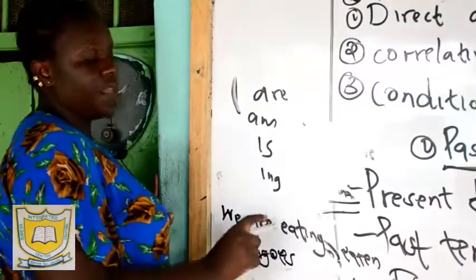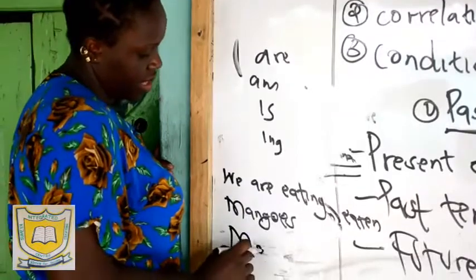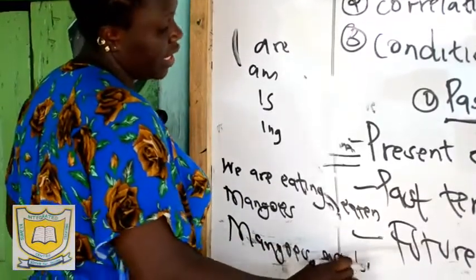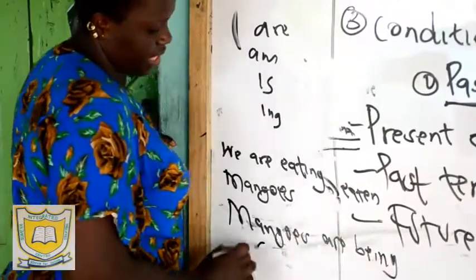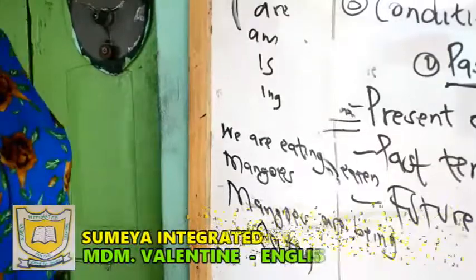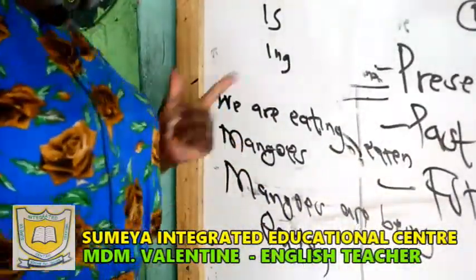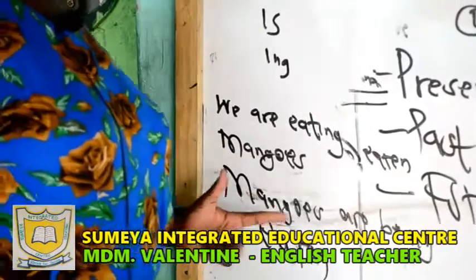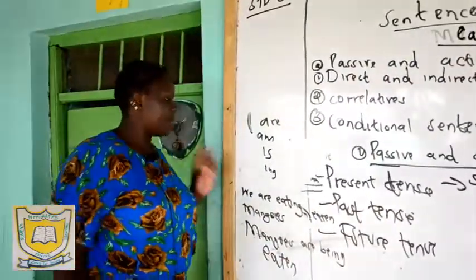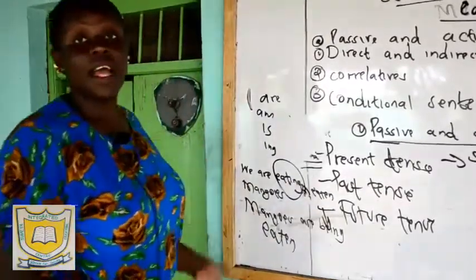If you want to form the passive voice of the present continuous tense, your sentence is going to read, mangoes are being eaten. What does that tell you? You form the passive voice of a present continuous tense by use of is or are plus being plus a past participle.